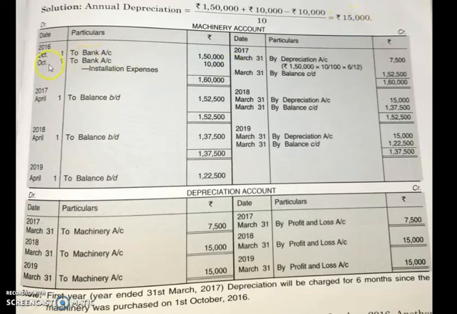But here you can see that on 1st October you have purchased this machinery. On 31st March 2017 is your closing date, and when you charge depreciation on the closing date, you are using that machinery for 6 months. So on the cost of that machinery, what is the cost? 1,50,000. Remember, you don't have to take the 10,000 installation charge when you calculate the depreciation. So 1,50,000 into 10%.